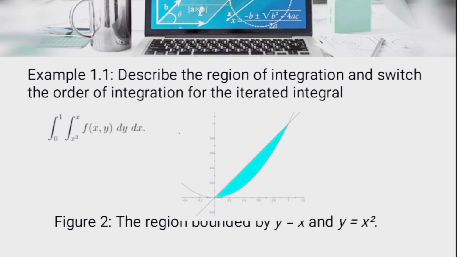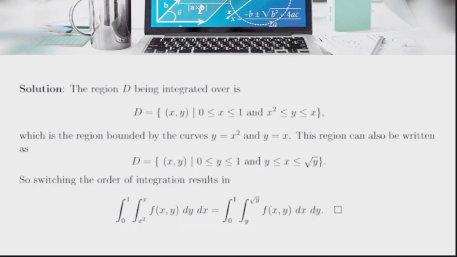So for our solution, the region D being integrated over is D equals the set of (x, y) where 0 is less than or equal to x, less than or equal to 1, and x squared is less than or equal to y, less than or equal to x, which is the region bounded by the curves y equals x squared and y equals x.